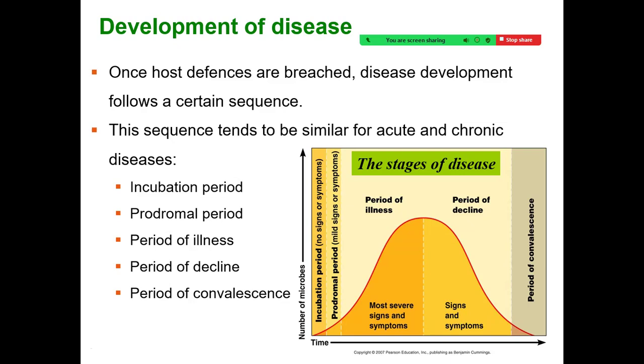And that's usually the same time you have a low number of organisms. You still have the organisms with you. So you're in the period of convalescence, no signs or symptoms, but you still have disease-carrying organisms.